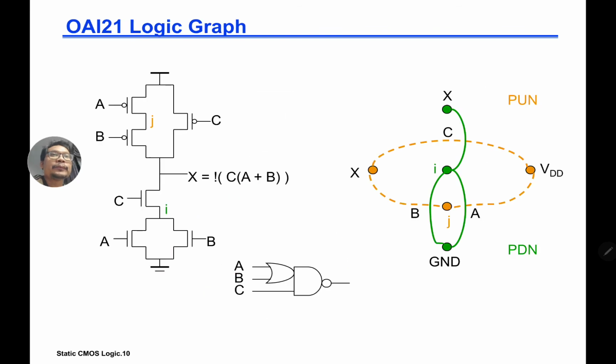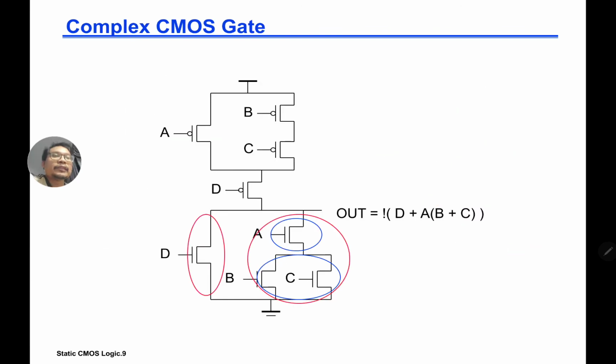Okay, so complex CMOS gate. How do you design a complex CMOS gate? Here is your function, D plus A times (B plus C) bar. The first step is to do the pull down network first. The easiest is to do the pull down network. Remember that if you have a plus, it's going to be a parallel pull down.